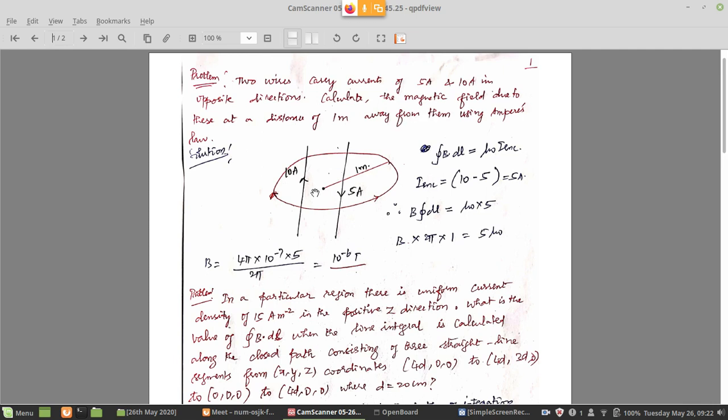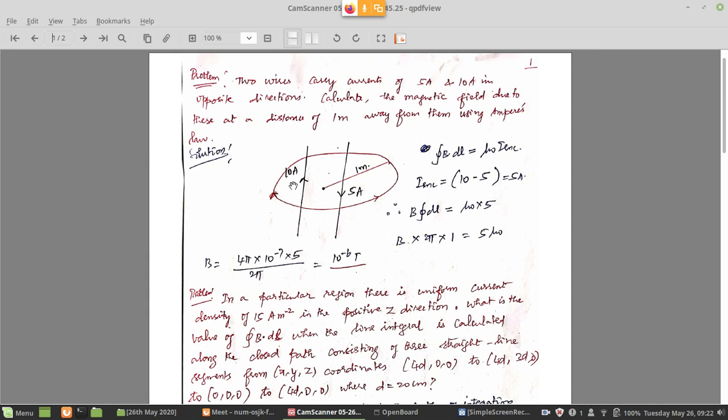Now the wires are very close. We don't even know the distance between the two wires. All we know is we want the combined effect of the two wires at a point 1 meter away. Combined effect means the combined magnetic field due to both the current carrying wires at a distance 1 meter away from the two wires. So Ampere's law, very simple application, you see.